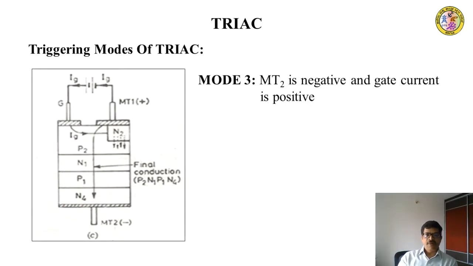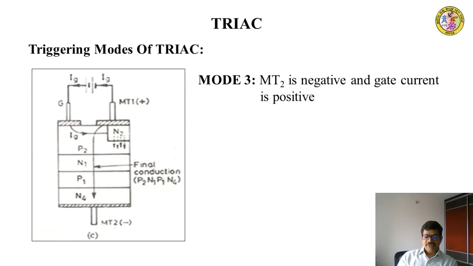In mode 3 operation, MT2 is negative and gate is positive with respect to MT1. Junction P2N2 is forward biased and junction P1N1 is reverse biased. The N2 layer injects electrons into the P2 layer as shown by arrows in figure C. This causes an increase in current flow through junction P2N1, resulting in breakdown of the reverse biased junction N1P1.